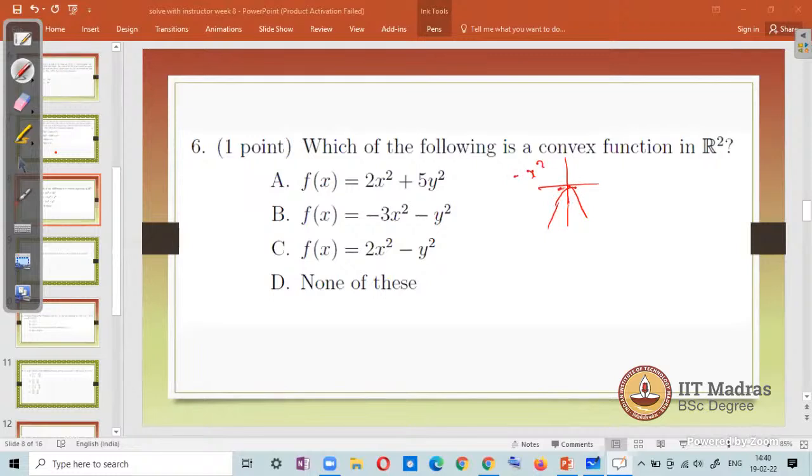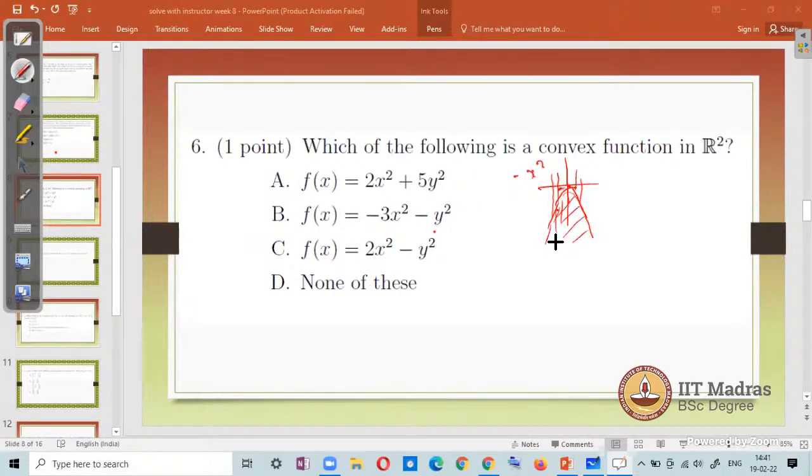No, I'm asking that it is not convex, but the area covered by the curve, is that a convex set? The area covered by the minus x square curve, the downside area.